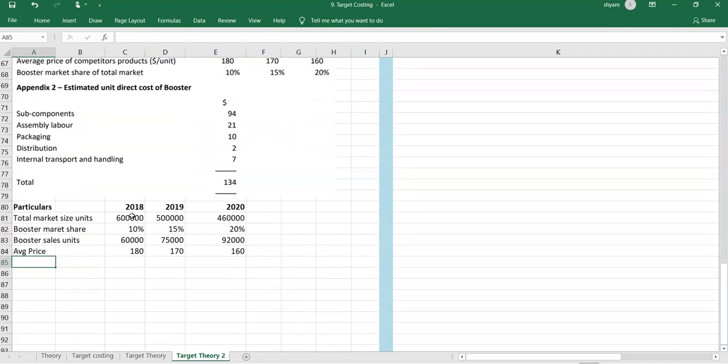The cost. So I think we'll have the sales amount. Let's get the target profit. So this can be our target sales. Let's get the target cost.